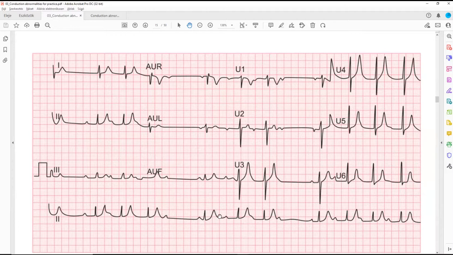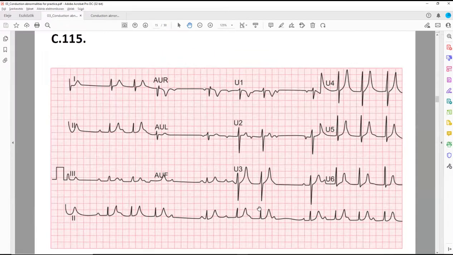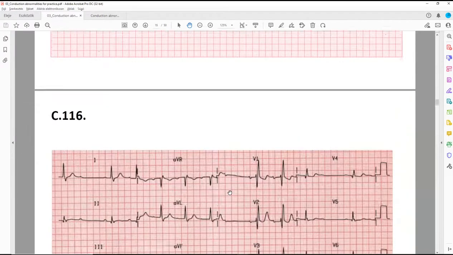And what kind of AV block is this? Well, it's second degree. The last conducted is longer than the first one. So it's Mobitz type 1. Okay, very good. And the QRS is narrow, no intraventricular conduction abnormalities.